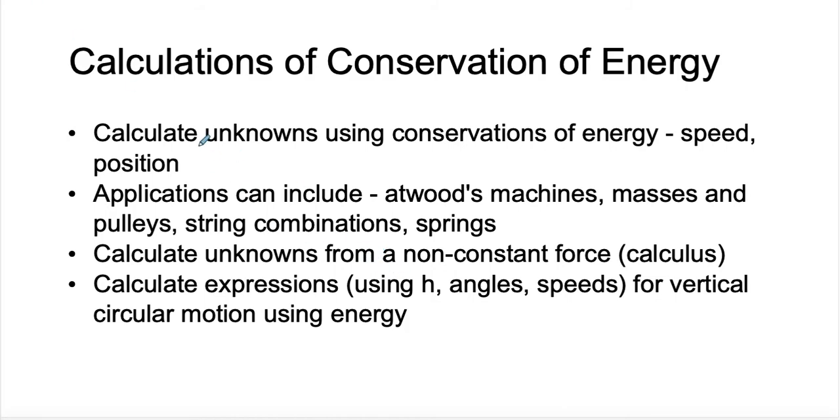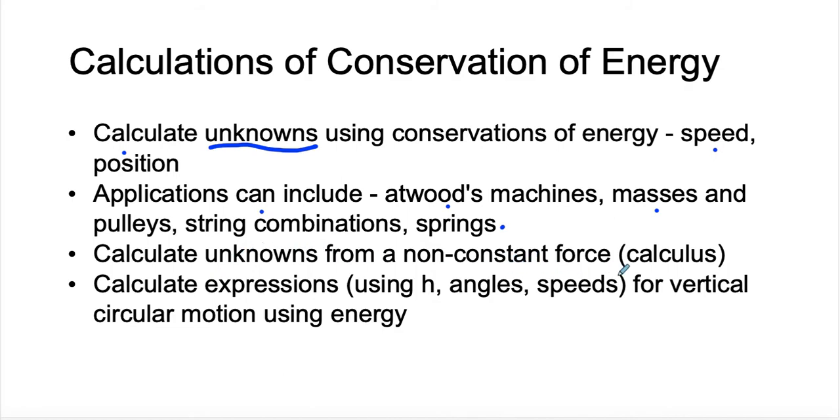Finally, calculations of conservation of energy. So calculate any unknowns. You could need to know speed at the bottom, as I gave you, position or height or things like that, maybe position in a spring, things of those natures. Be able to calculate those unknowns. Atwood's machines, masses and pulleys, string combinations, springs, examples of where you would have to calculate some part of it, and you can use energy concept to do that.